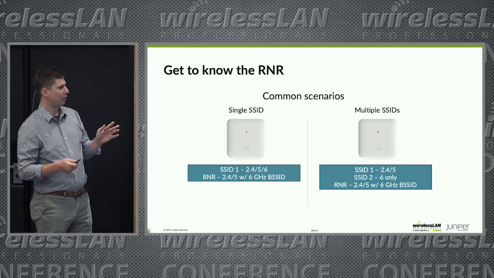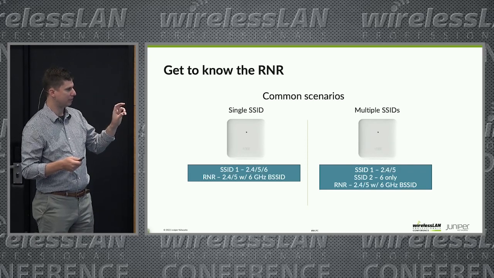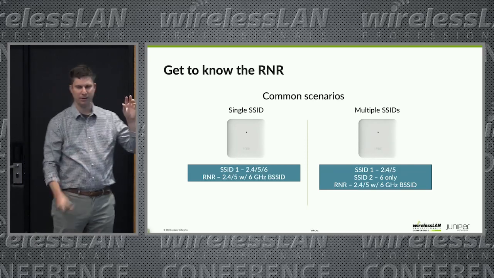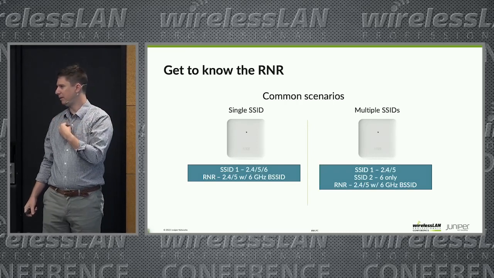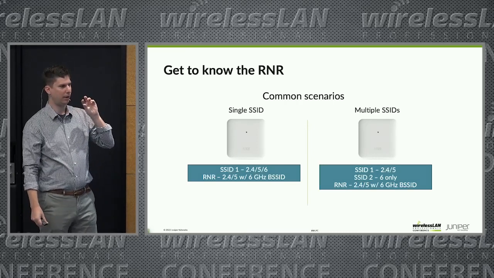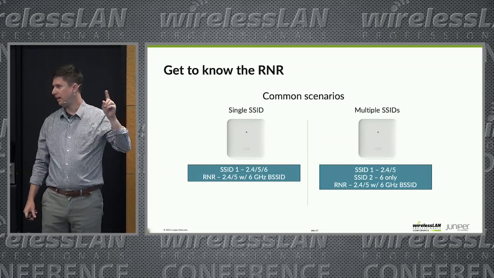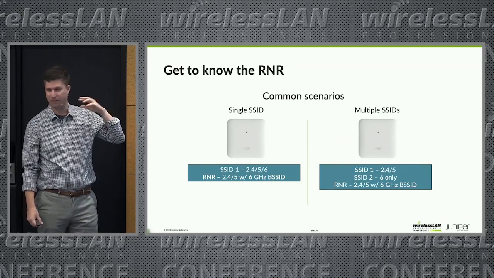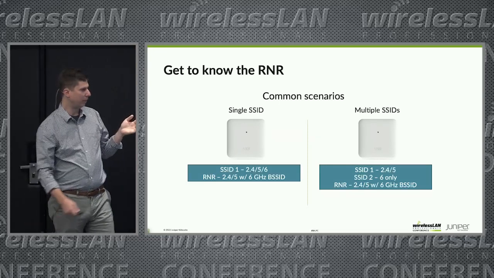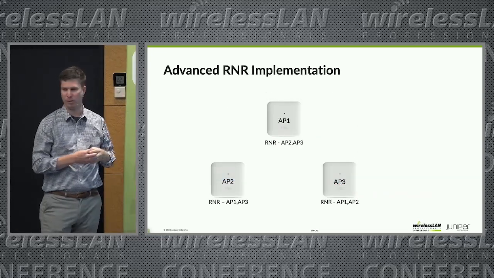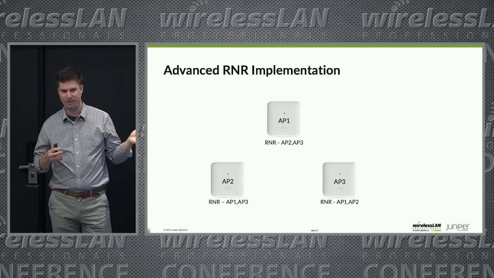Now, you can start to do some other cool things. So I don't necessarily have to put the RNR for my same AP. I can put the RNR for multiple APs, which means I can have like my neighbor APs. So when you think about what we do with 11K, this starts to sound really similar.